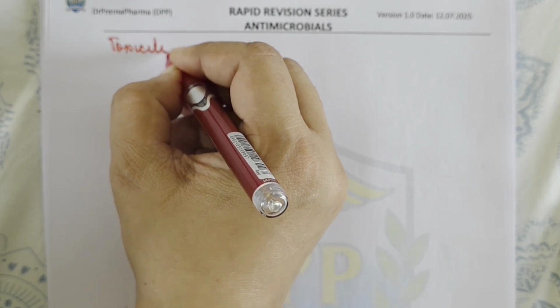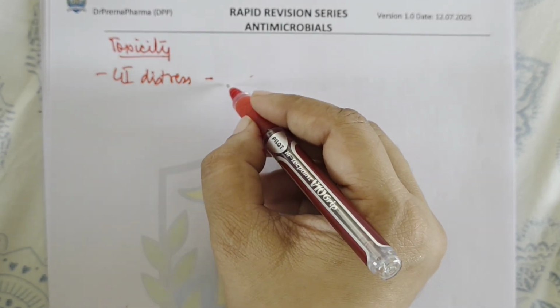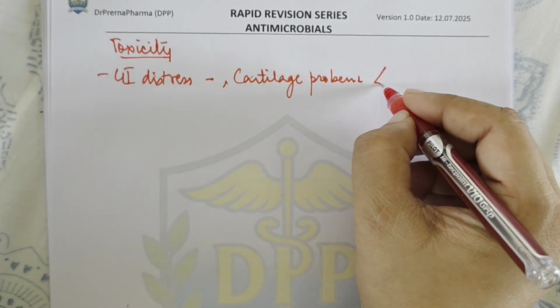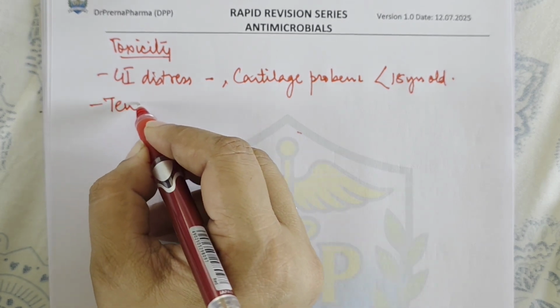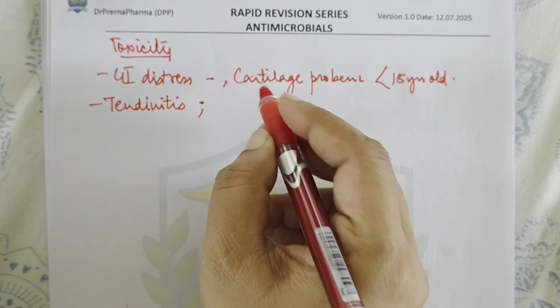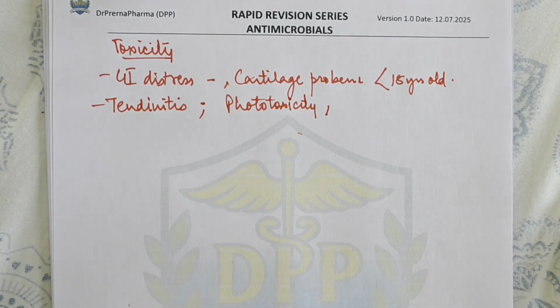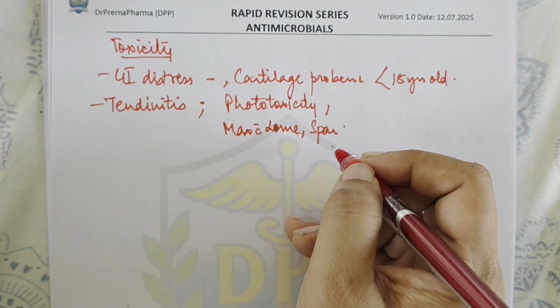Coming to the toxicity, they cause GI distress. Then another problem that they cause is cartilage problem. So they are not used in children under 18 years old. Then tendinitis is seen, phototoxicity is seen, right? This is maximum with lomefloxacin and sparfloxacin.